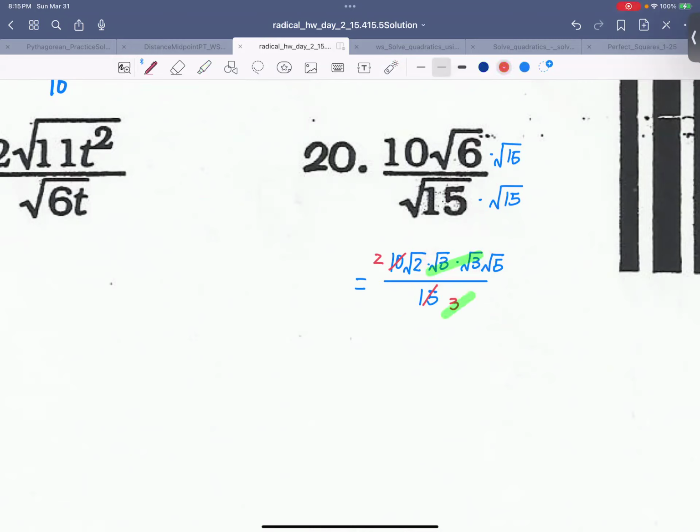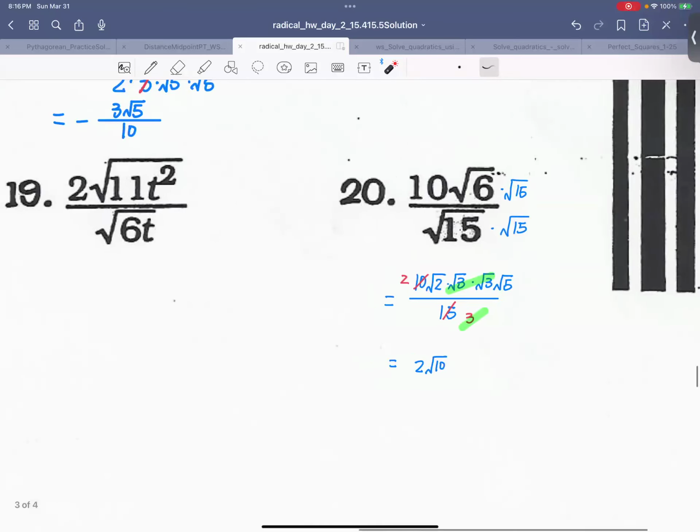So it just becomes 2 times the square root of 10. Yes. The thing we are learning right now is called radical number simplification, which is critically important. 2 times square root 10.